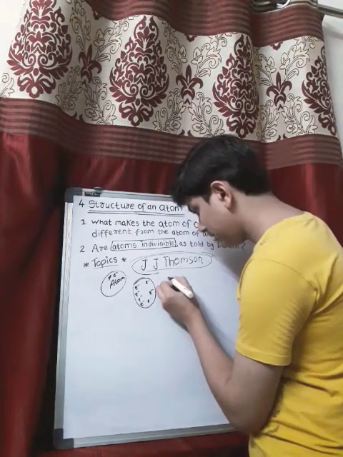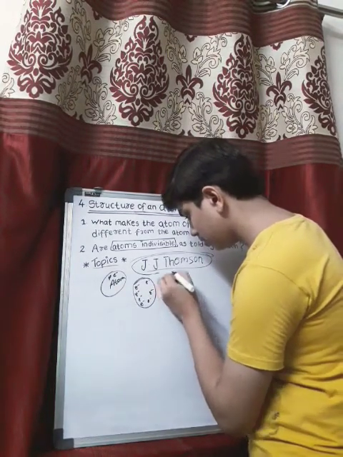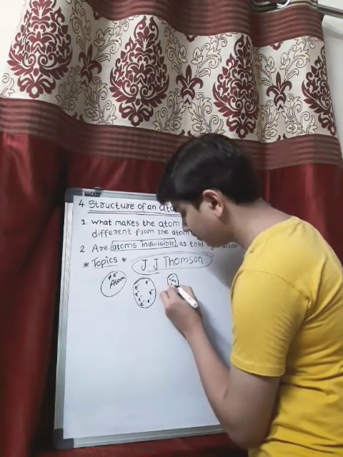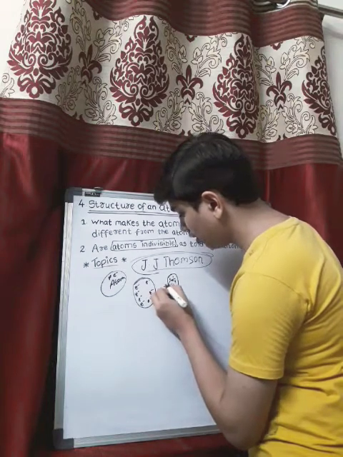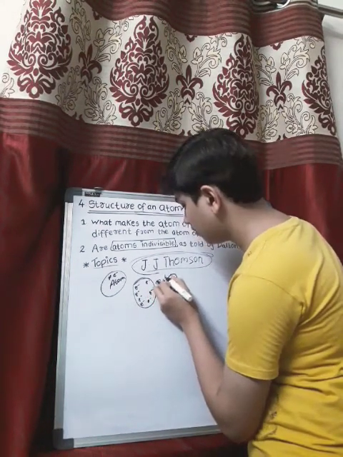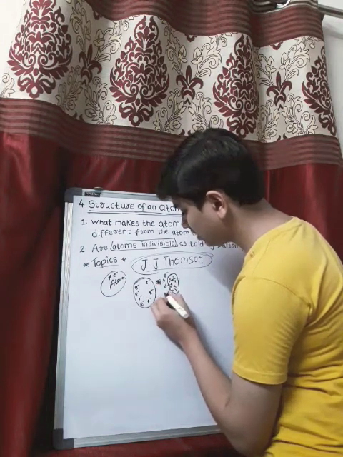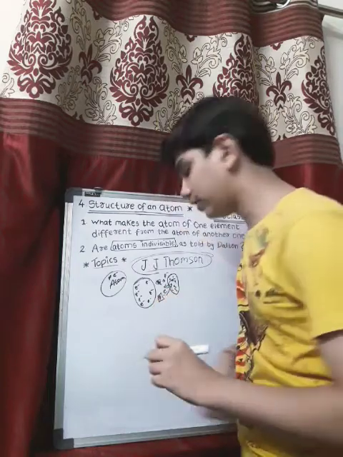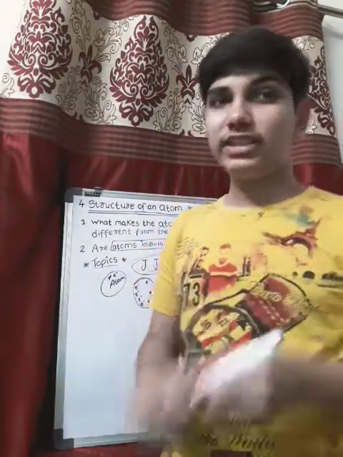Let's take this as watermelon. This has black seeds, and this portion is full of protons, and these are e minus electrons, right? Now this was according to Thomson, right?